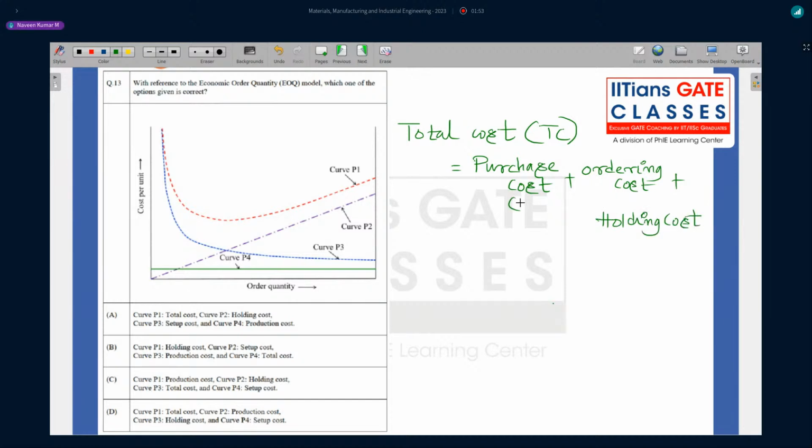In purchase cost, we were writing this as PC, this as OC, and this as CC or HC, right?